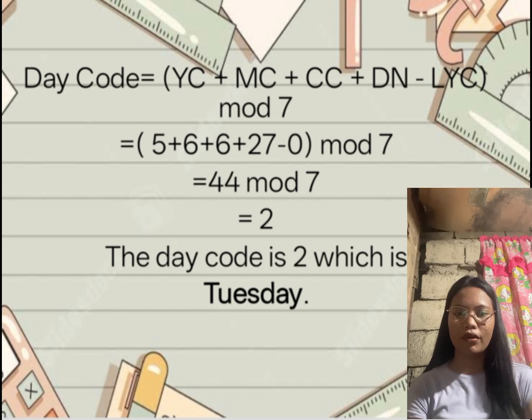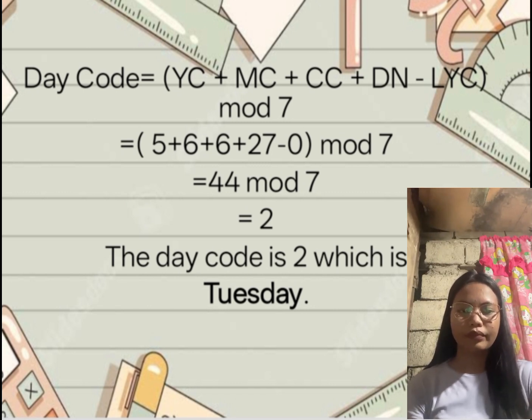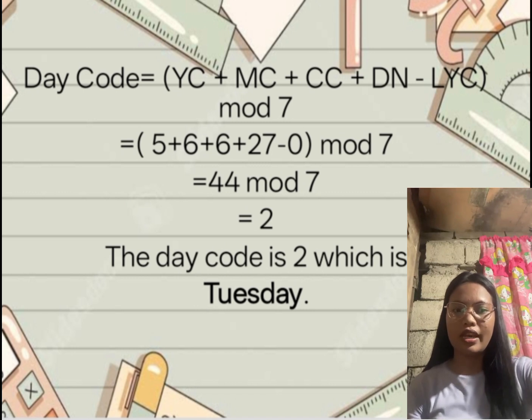The sum of all the numbers is 44, modulo 7. Here, what we get is only the remainder. So 44 modulo 7 is equal to 2. Therefore, the day code is 2, which is Tuesday. So Anna was born on July 27, 2004, which is a Tuesday.